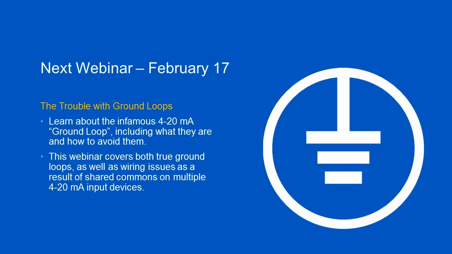This webinar is going to cover both true ground loops, meaning those that are caused by, for example, not having single point grounds, as well as wiring issues to multiple input devices like PLCs and multiple input displays that can be caused by shared commons in 4 to 20 milliamp systems. So if you ever ran into a situation where you hear about ground loops and it's causing you a problem, this is definitely a webinar for you.